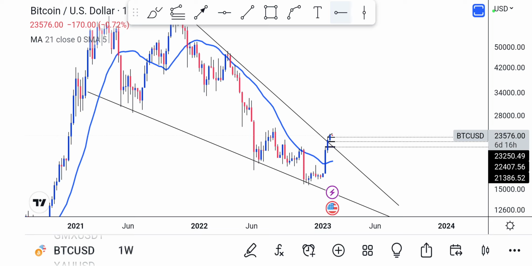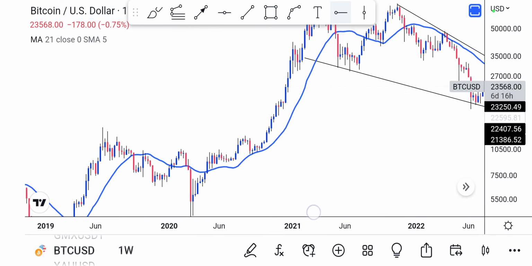So what is the major thing we're looking at here? If we're to get this moving higher this way, it doesn't mean that price can't dump to get to this level, but one of the most important things is price must not go below this 21-day moving average. Why?